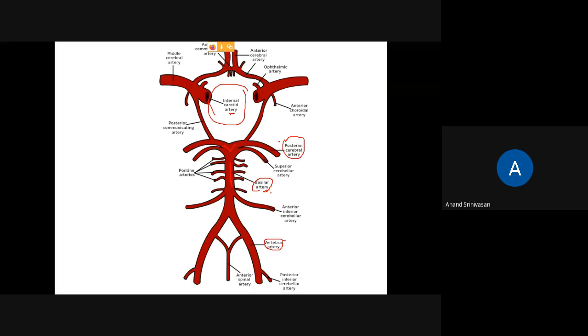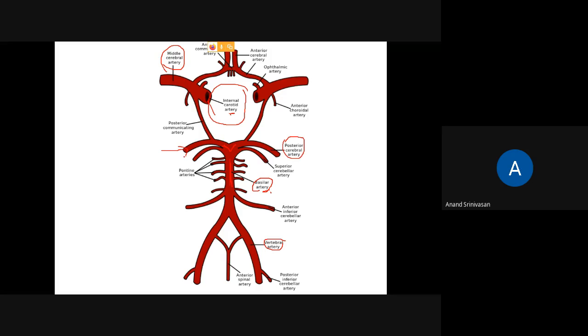Now, from the internal carotid artery, there is a direct branch, which is called the middle cerebral artery. Now, there is an artery which connects the posterior cerebral artery on the other side.